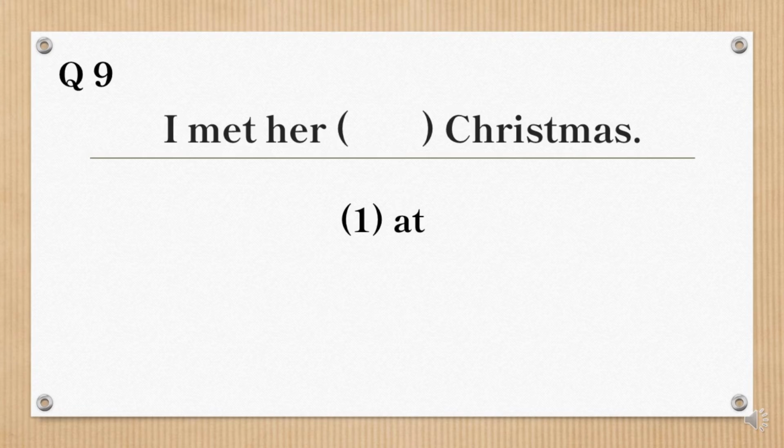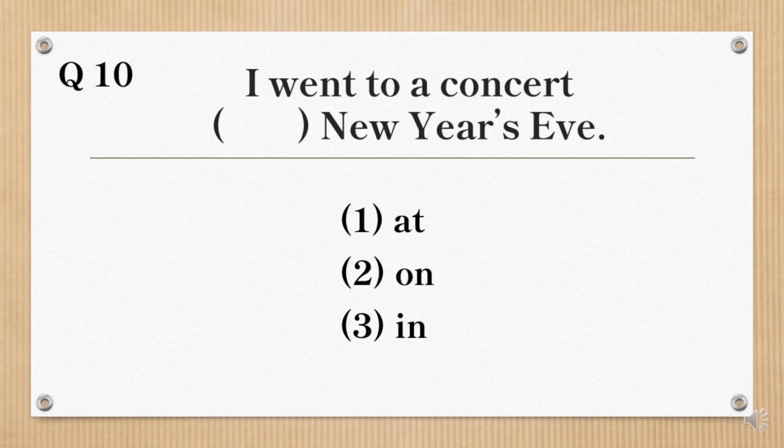At. I met her at Christmas. We use it for a specific holiday season. Question 10. I went to a concert New Year's Eve. On. I went to a concert on New Year's Eve. New Year's Eve is a day, so we use on.